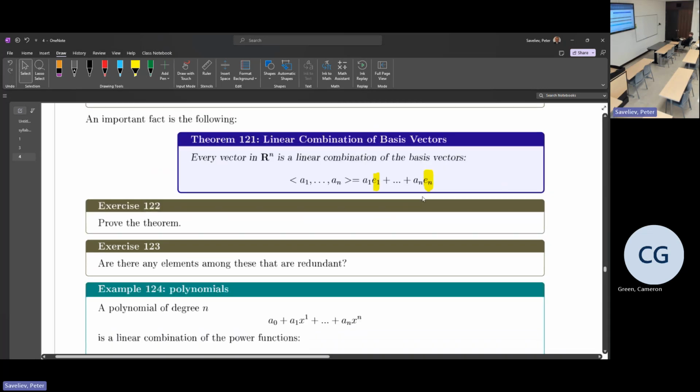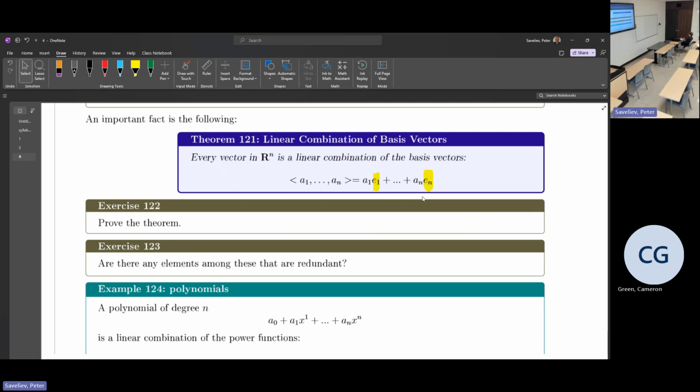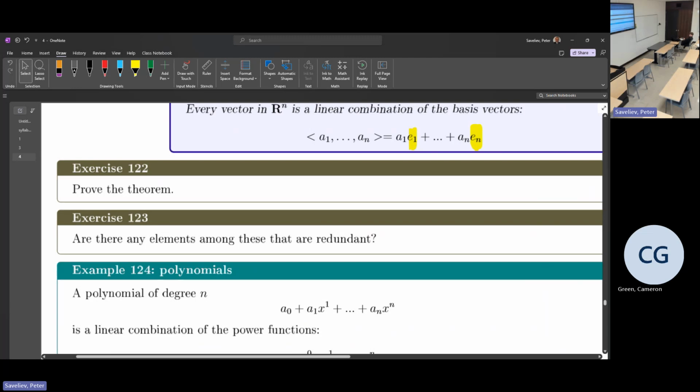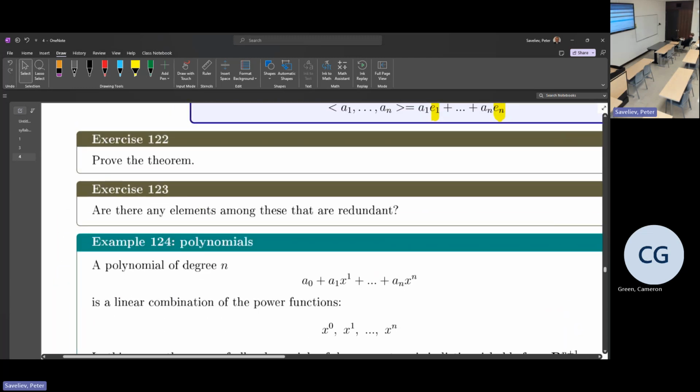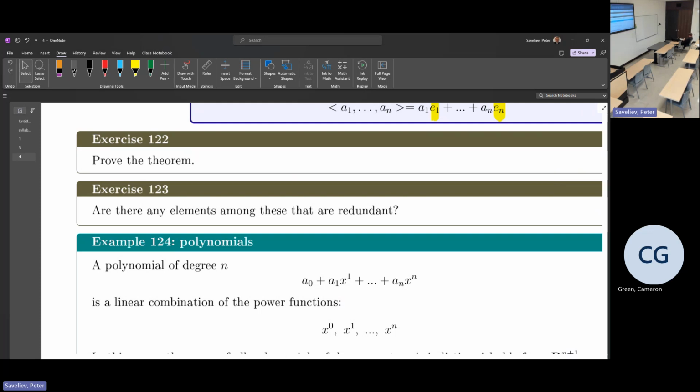Okay. So this is an example, bringing us back to pre-calculus: what a polynomial is. A polynomial is a linear combination of powers. Look at the formula. Their powers, starting from 0 up to n, and we give each of them a number and add them together.